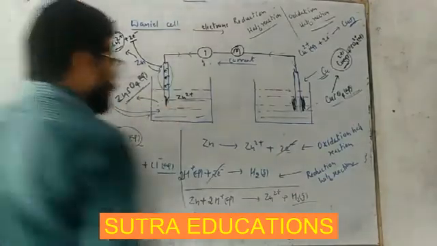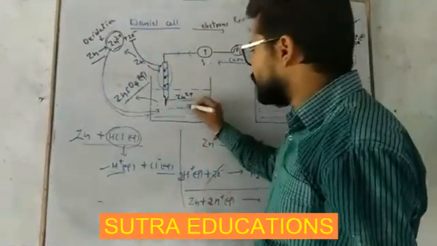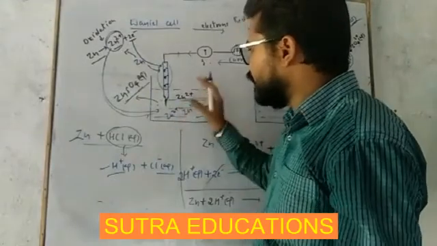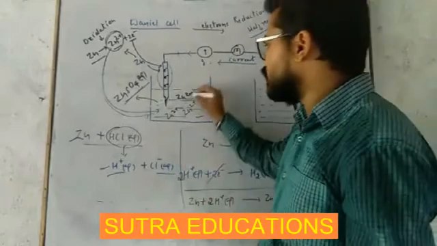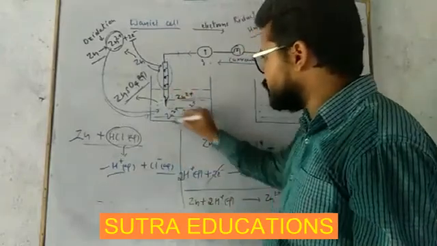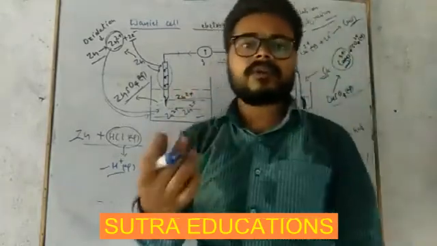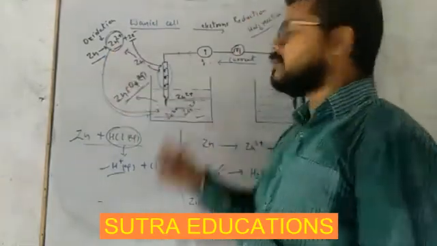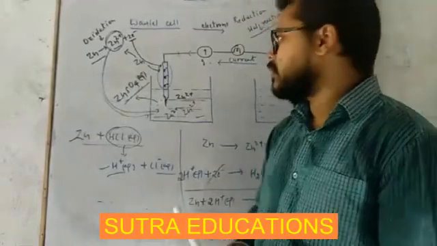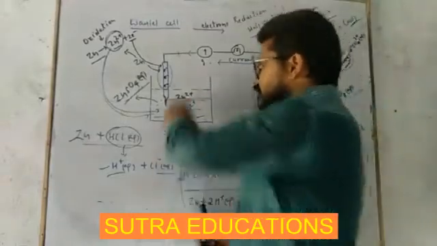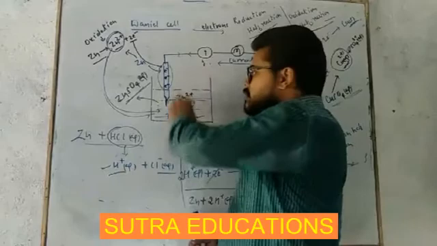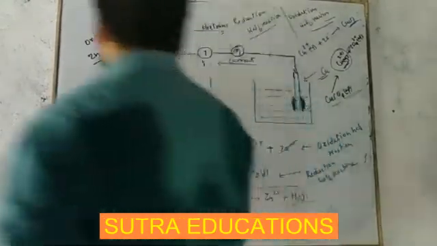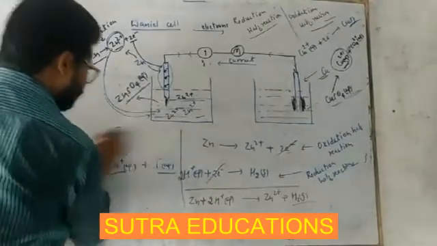So after some time the concentration of Zn2+ in this ZnSO4 will be very high, because Zn2+ is coming into this electrolyte only. And when Zn2+ is more here, it means positive charge is more here, so it will form positive.